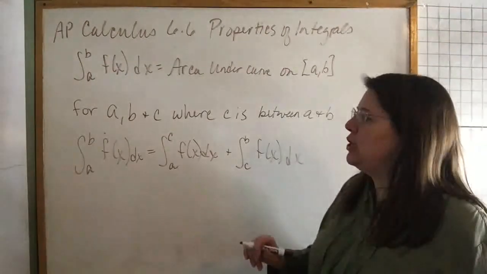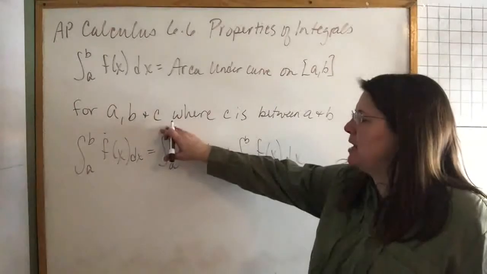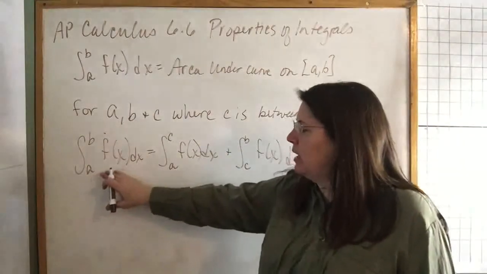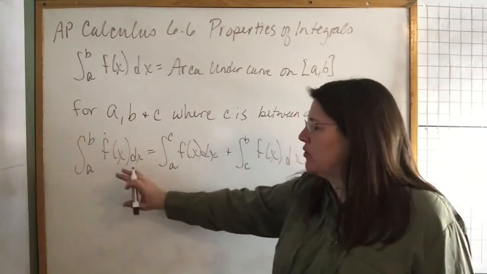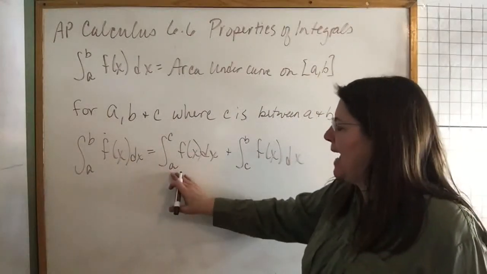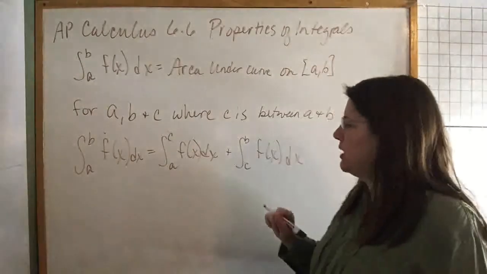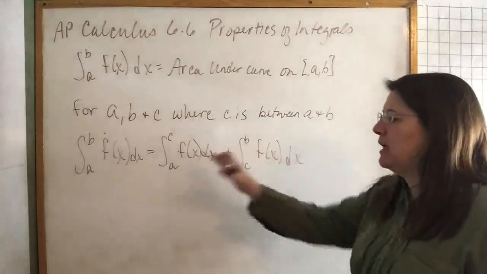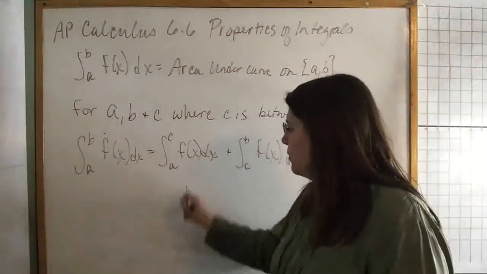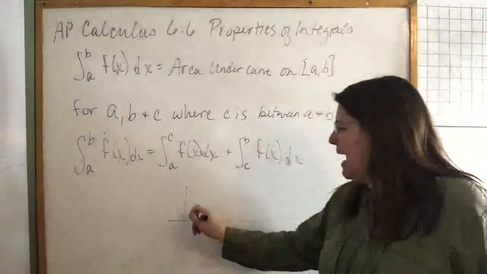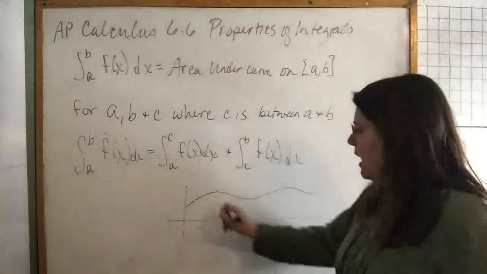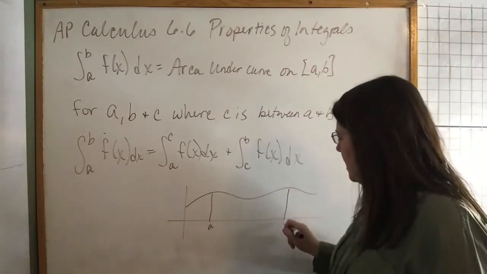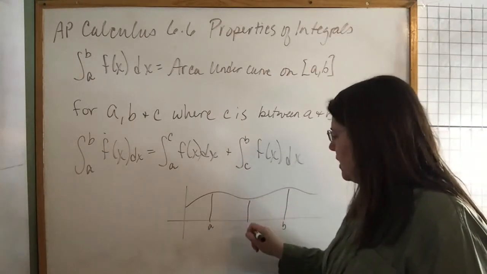And then another property you need to be aware of, if a, b, and c are numbers where c is between a and b, if we have the integral from a to b of the function dx, if you have a to c of the function plus c to b of the function, then that would equal the total function. In other words, let's just say I have this curve, and this is a, this is b, and c is right here.